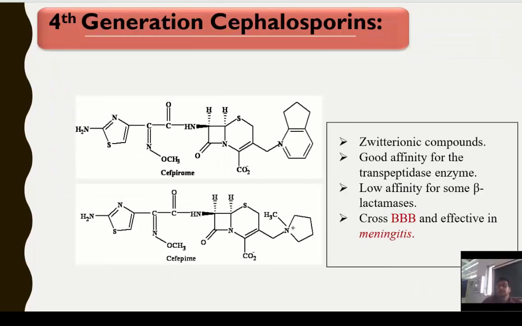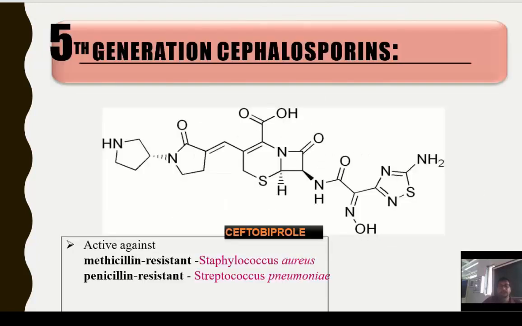They are zwitterionic compounds with good affinity for transpeptidase enzyme, low affinity for beta-lactamase, and they cross the blood-brain barrier and are effective in meningitis. Next, the fifth generation, that is ceftobiprole. This is active against methicillin-resistant Staphylococcus aureus and penicillin-resistant Streptococcus pneumoniae.